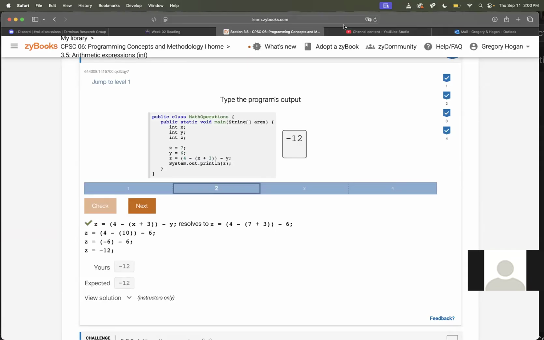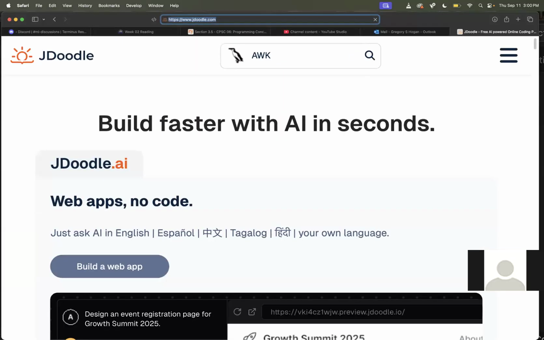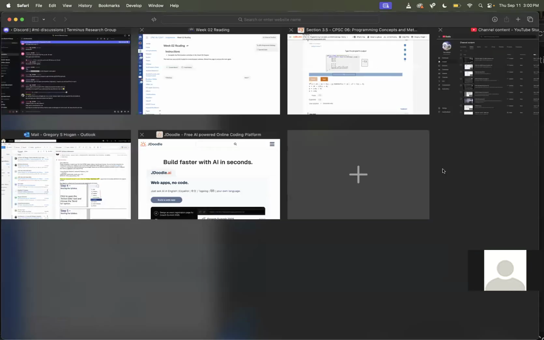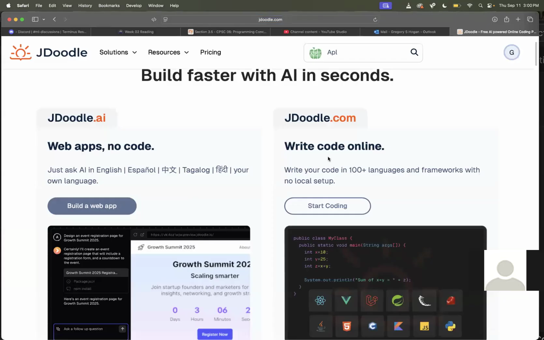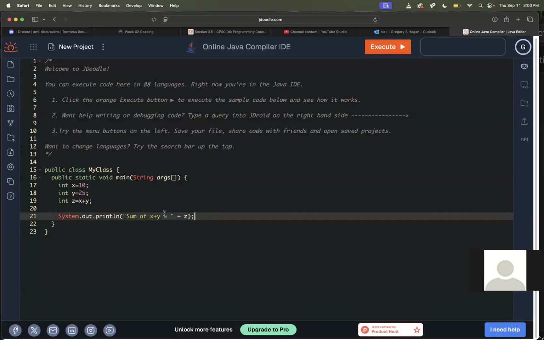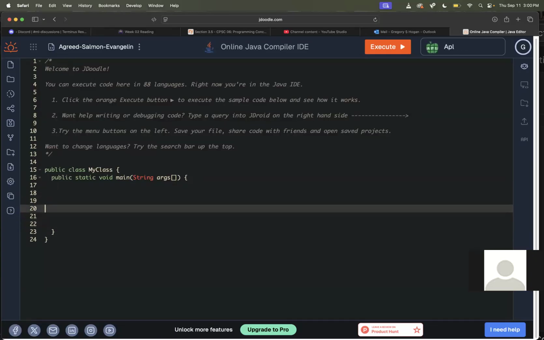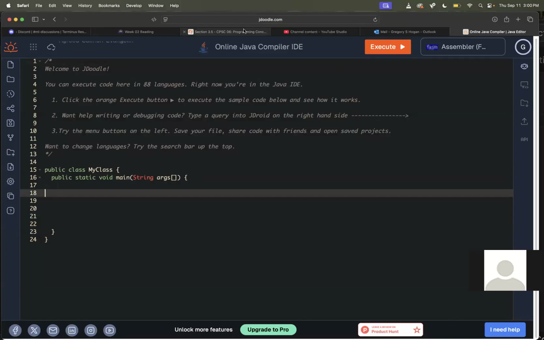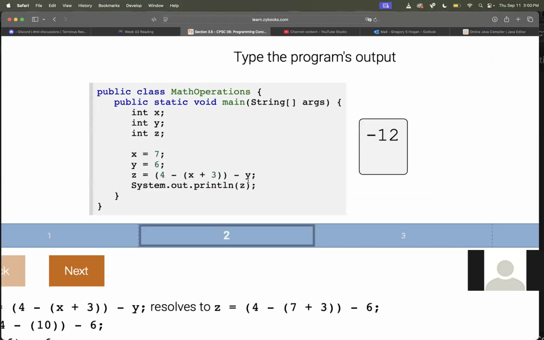Now, I'm not saying you should do this, but what I am saying is you can do this. So I'll go to start coding and click open my project. I'll go back to the one I was just doing. One sneaky thing you can do here, when you have a problem like this in zyBooks and it's confusing, is take the inside, not the whole thing or it won't compile.